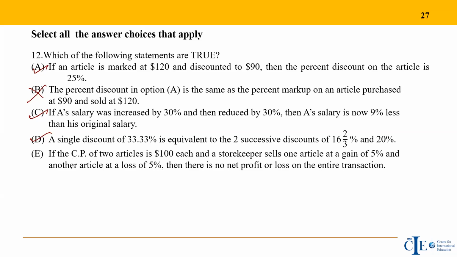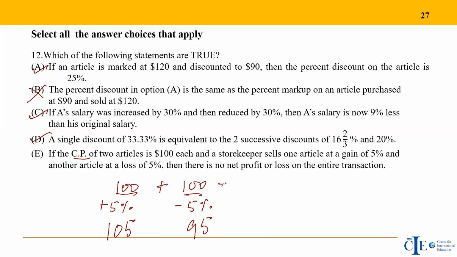Now let's look at the last one, E. If the cost price of two articles is 100 each, he gains 5% on one and loses 5% on the other, both on the cost price. That means he sold one for 105, and with the 5% loss, the other for 95.